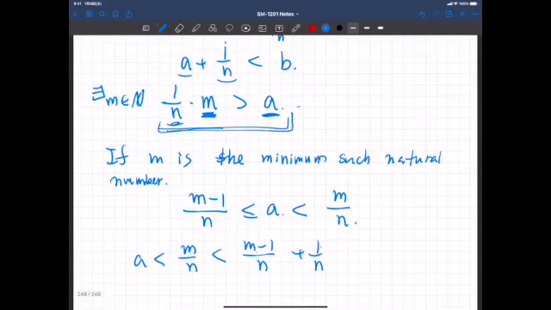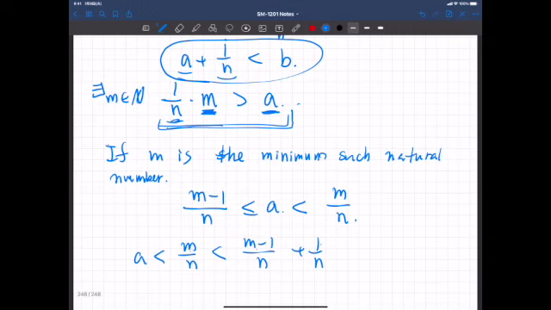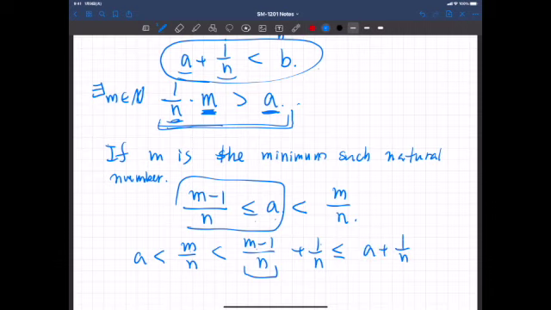And from this inequality, m minus 1 over n is less than or equal to a, so this is less than or equal to a plus 1 over n.